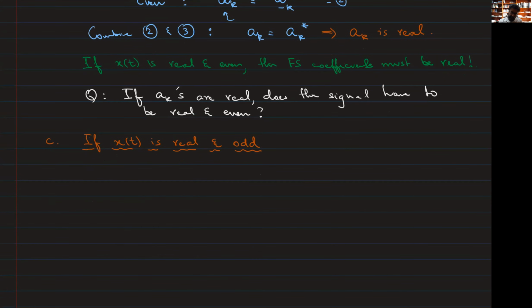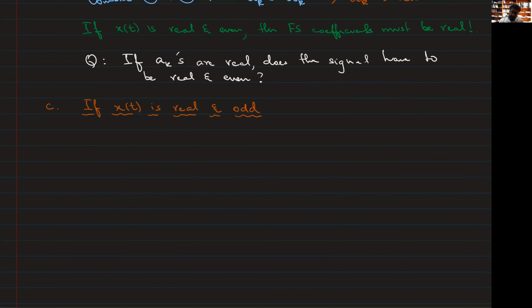Because the signal is real, we know that a_k equals a_{-k} conjugate. And because the signal is odd, a_k equals minus a_{-k}, with the minus sign here. So these are equations 3, 4, and 5.